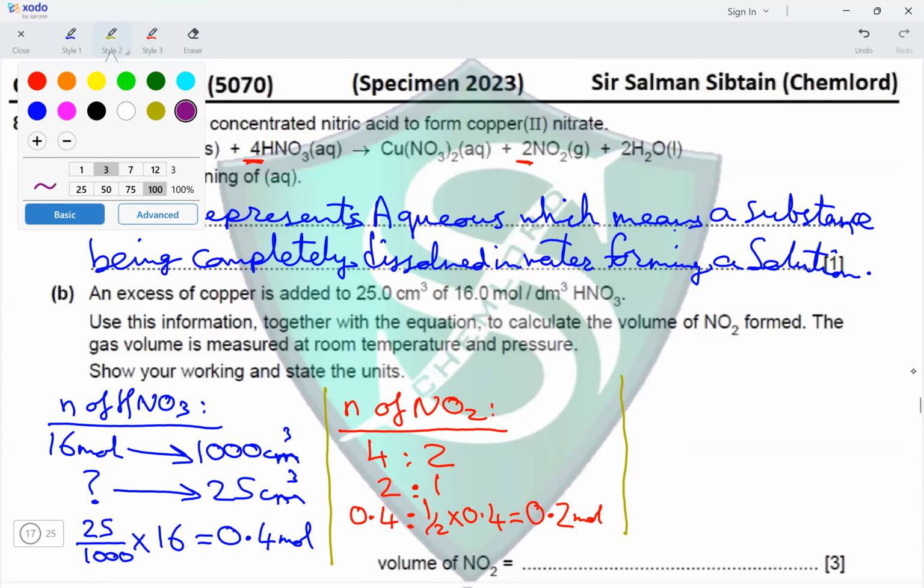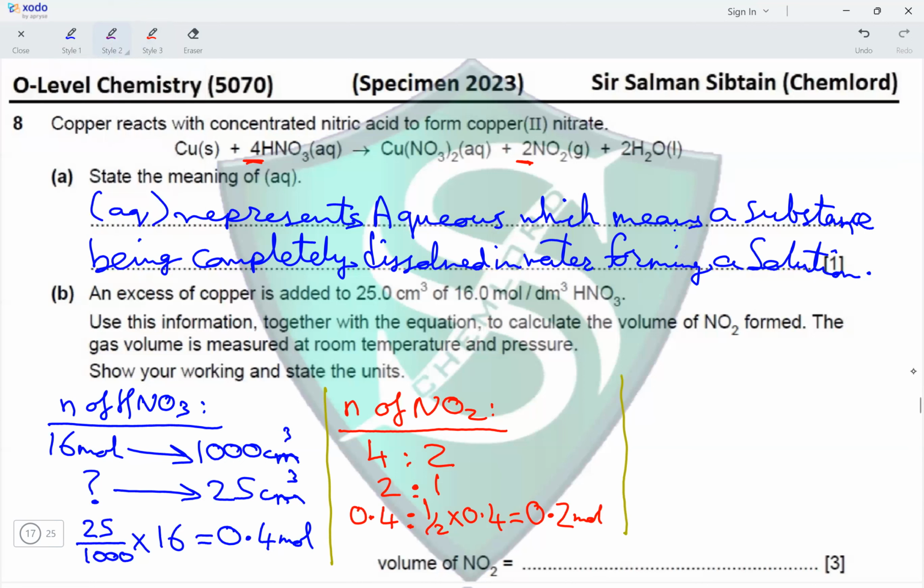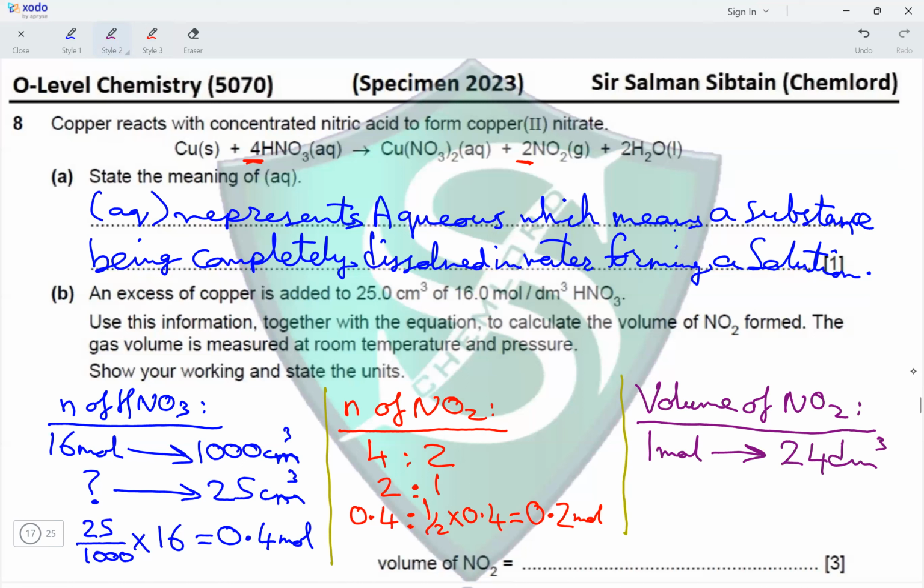Now, from 0.2 moles of NO2, we need to find out the volume of NO2 that was produced. So, we had already discussed that 1 mole of any gas at RTP occupies a volume of 24 dm cube. So, the quantity of NO2 produced was 0.2 moles. So, 0.2 moles will have what volume?